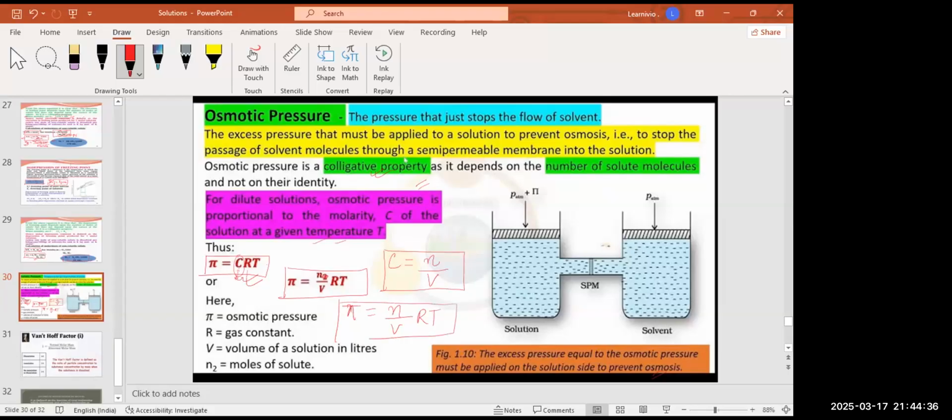You can use this formula also. Here n is the moles of solute, V is the volume of solution in liters, R is the gas constant, T is temperature, and pi is your osmotic pressure. We will use this formula to solve for the osmotic pressure.